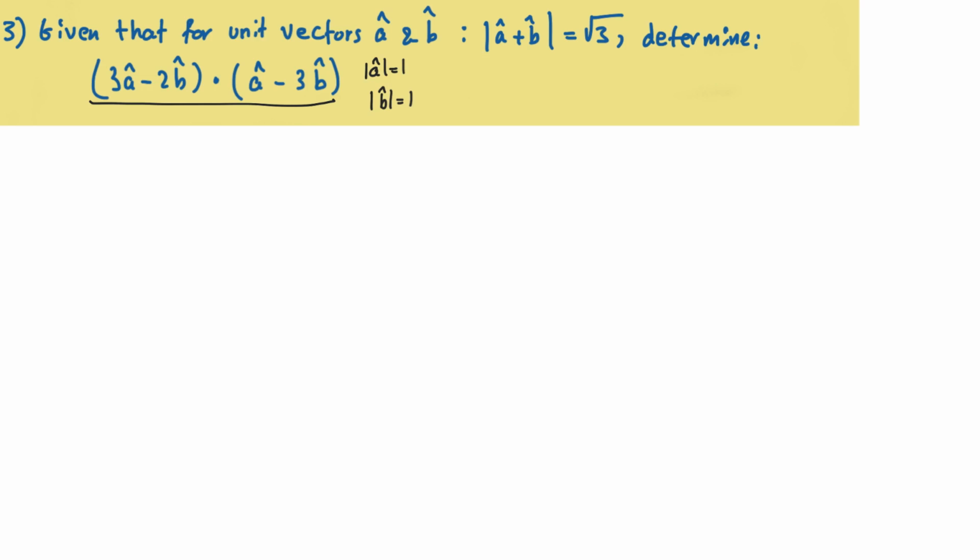So I am going to multiply this by this and then this by this. So I will get 3a·a, and then minus 3 times 3 is 9. I'm just going to do the multiplication right away. And then I will have unit vector A dot B. And then I will do this multiplied by this.